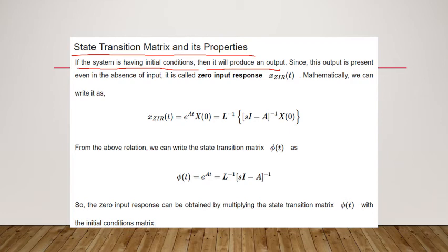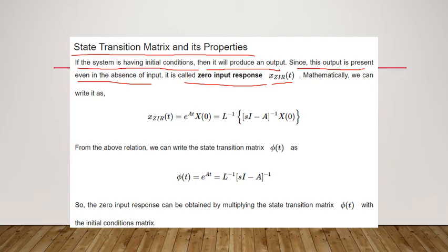Since this output is present even in the absence of input, it is called the zero input response and it is denoted by x_zir of t. So it is a zero input response, meaning at t equal to 0 we do not have any input to the system. Still there is some output if it is there. So it is called the zero input response.